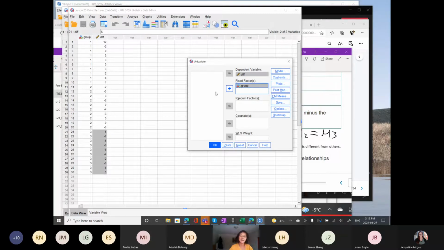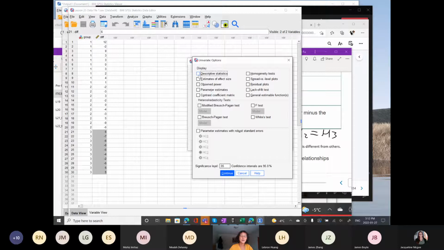Now under the options, usually we will select descriptive statistics, estimates of effect size, and homogeneity test. Homogeneity test is to make sure, remember one of the assumptions is that population variances are the same across different groups.